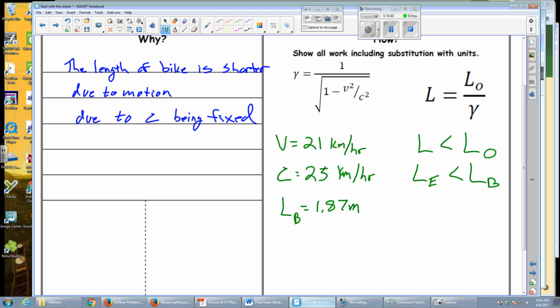Now you just substitute in, just like when you did number 6. I think the trickiest part is identifying which is which, and we've done that. So if you get an answer greater than 1.87 meters, you did a math mistake.